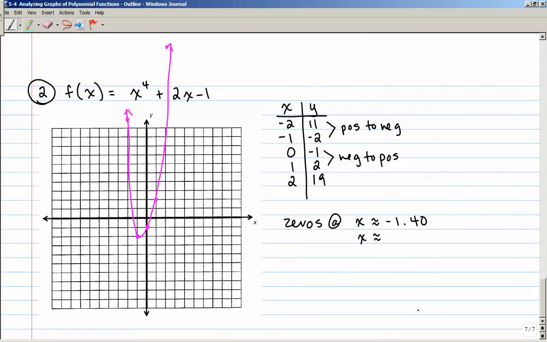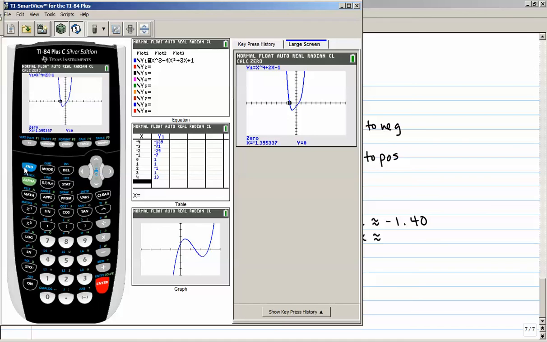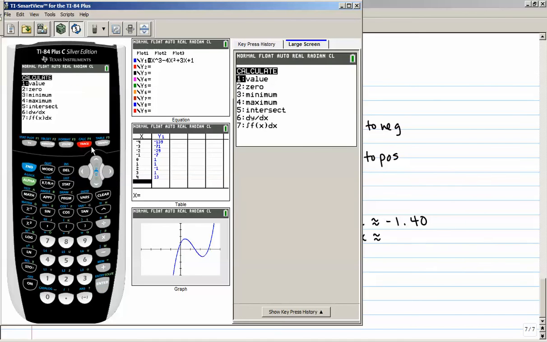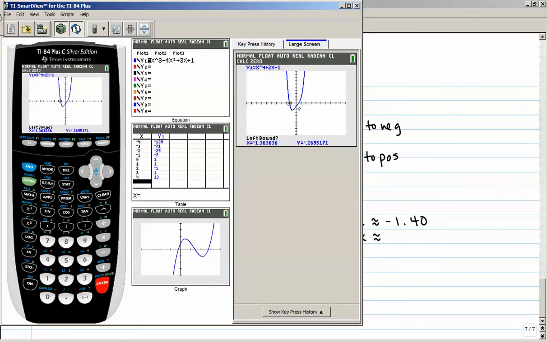Let's find that one. Second trace, looking for a 0, and I'm going to be going for this one over here on the right, so I need to move my cursor a little bit closer to that. That's probably a good spot there.